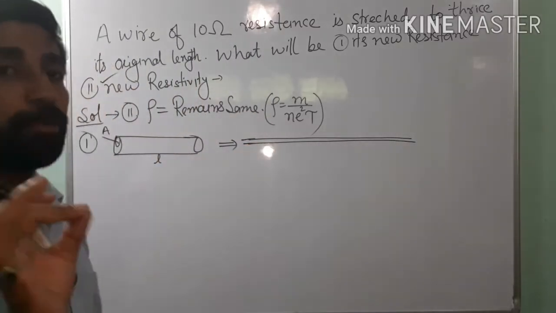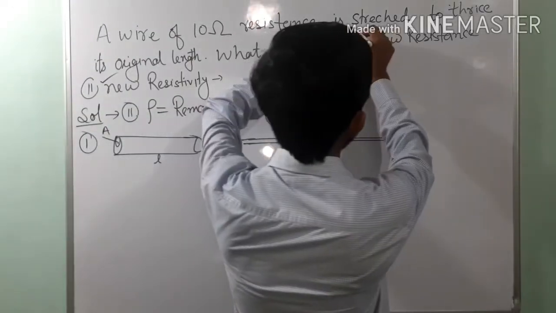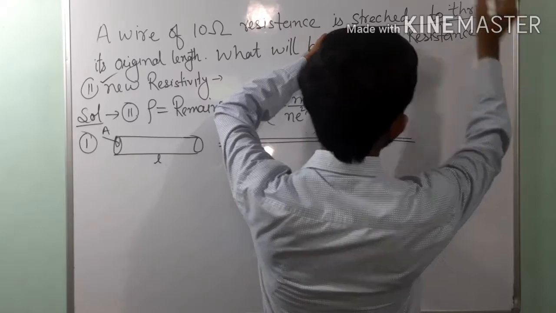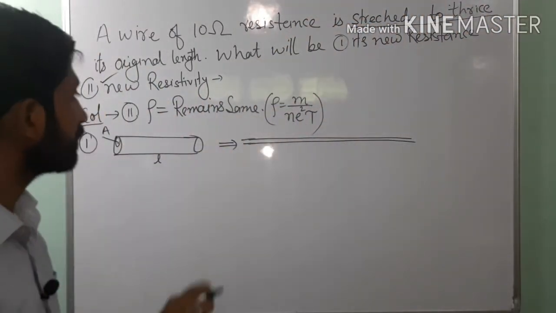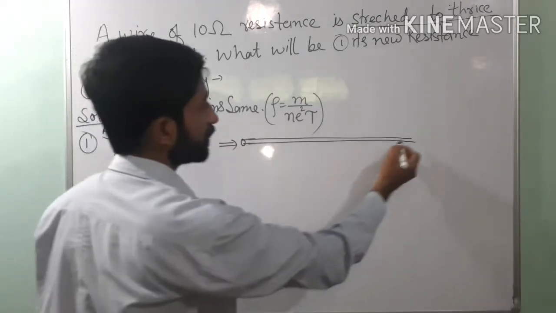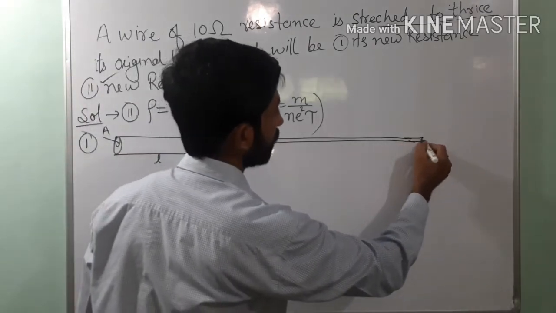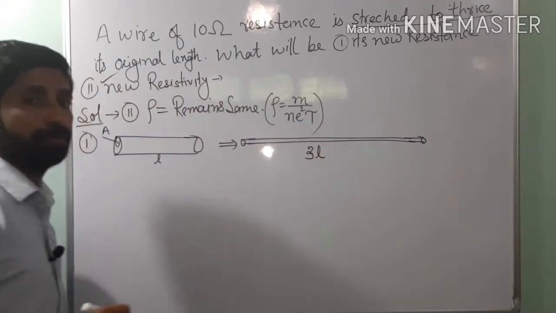Now very important thing to notice over here, the wire is stretched to thrice of its original length. It means if it was L, the conductor on stretching becomes thin and its length becomes thrice of L.